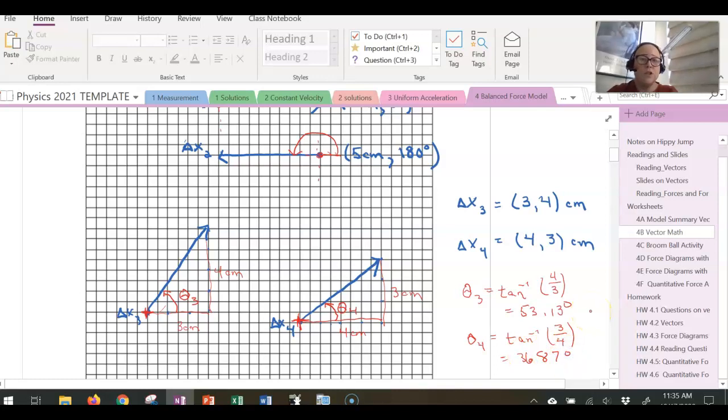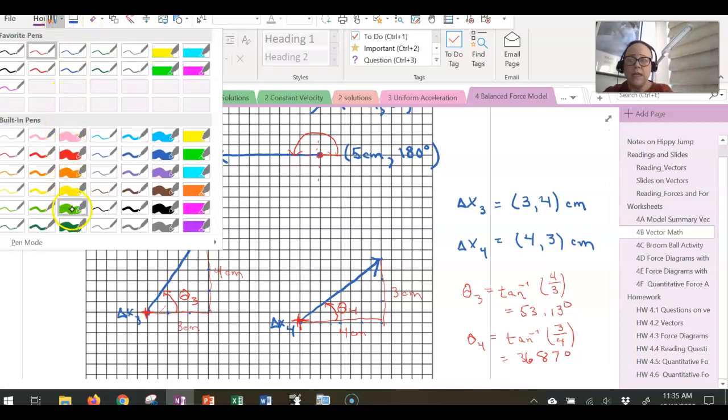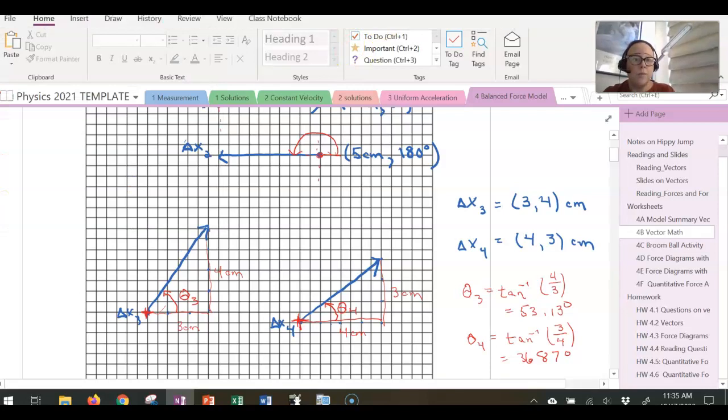So if I wanted to describe these in polar notation, I would give the magnitude of them. Oh, maybe I should find the magnitude. What is the magnitude here? If I use the Pythagorean theorem, this is the square root of 3 squared plus 4 squared. So that would be 5. And this one would be the square root of 4 squared plus 3 squared.